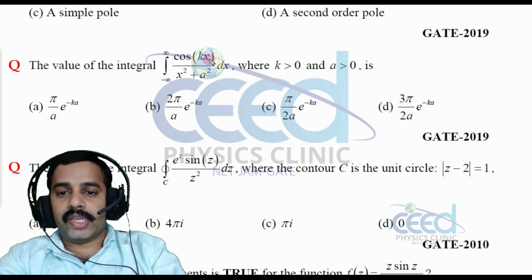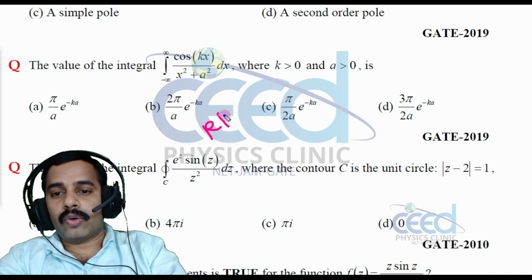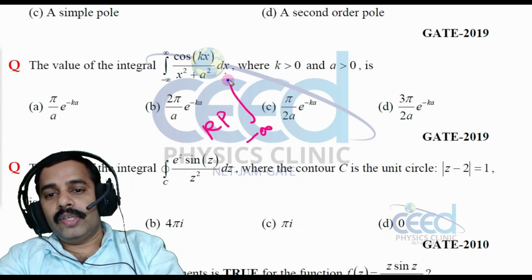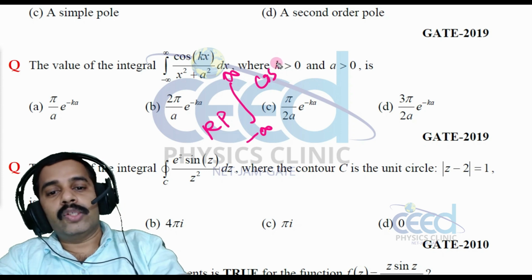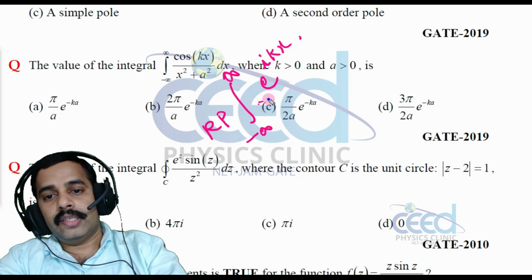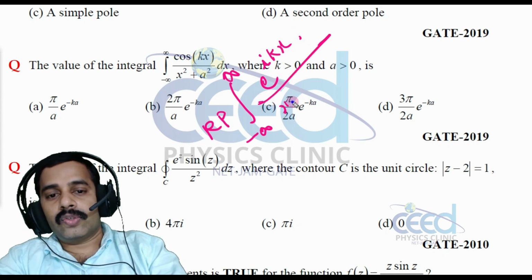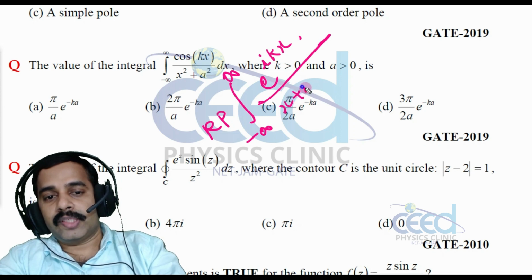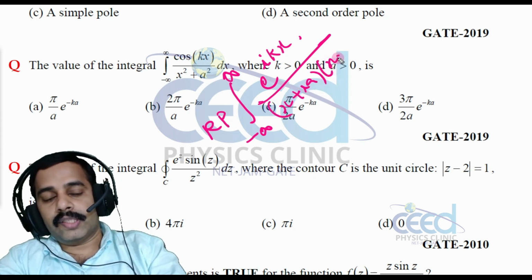As it is cos kx, we can write the real part of the integral from minus infinity to infinity of e raised to i kx, whose real part is cos kx, divided by x square plus a square, which I can write as x plus ia into x minus ia.